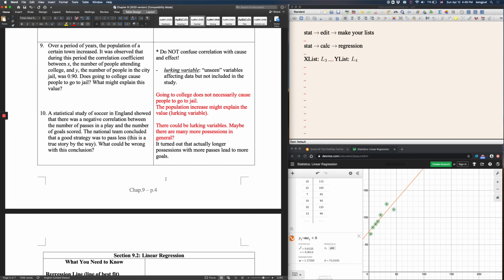And I think the way it worked was that a particular play may have had fewer passes, but overall there were more passes. And so the more passes overall, the longer the possession, then that meant more goals. So more overall passes actually was the key. I think the way I worded this question wasn't exactly the way it should have been. It should have been in a play. In fact, I'm going to correct that on the notes on the website right now.